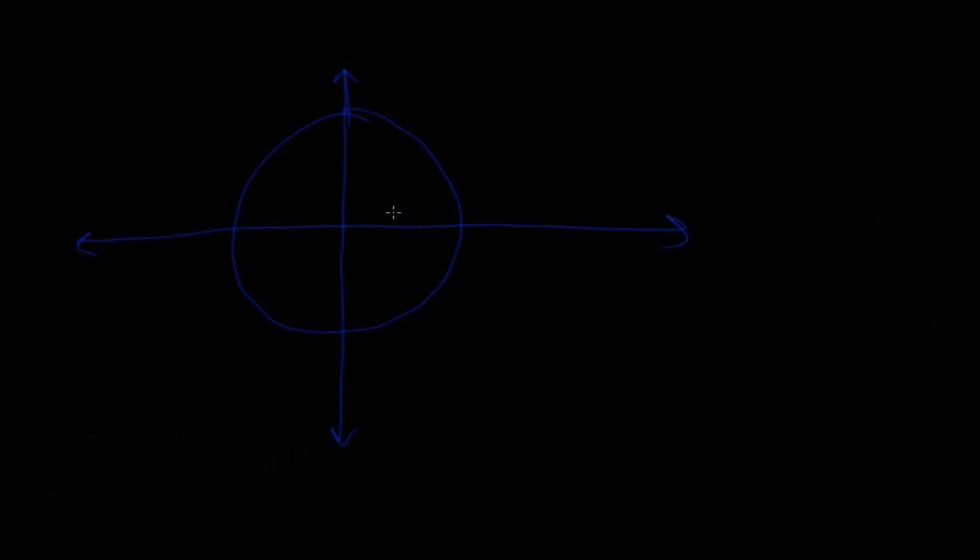I want to show you that on our unit circle, which you can review in other videos, we showed that the y for any point (x, y) on the unit circle is equal to the sine of theta, which is a trigonometric function relating to this angle here.